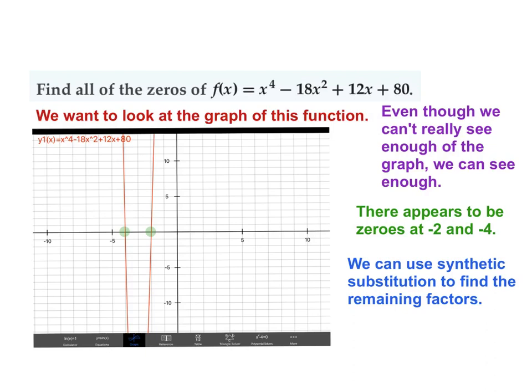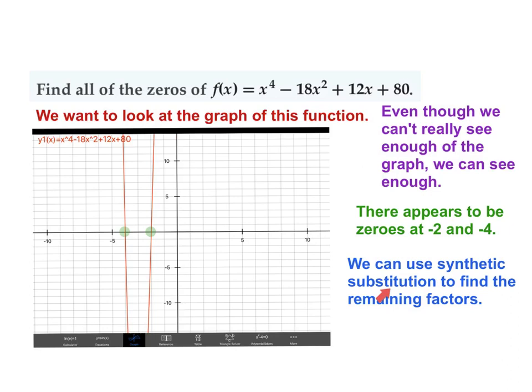We're going to use synthetic substitution to find the remaining factors, which will allow us to find the remaining solutions. The difference between what we did yesterday and today is instead of having factors, we have found solutions. So that's why I said synthetic substitution and not synthetic division.